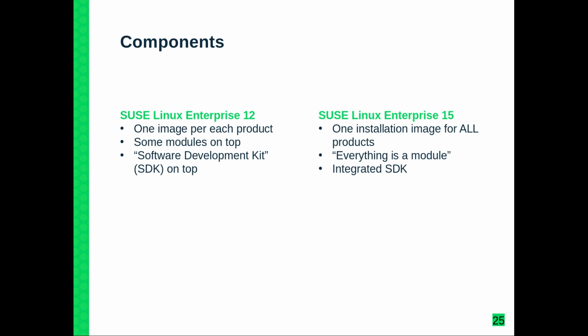Now, we do still put modules on top of it. And if you want to develop, you would purchase and register and use the software development kit in order to help you to manage the deployment and creation of applications to work on top of that. Now, with SUSE Linux Enterprise 15, however, all installations are from a single medium, everything is a module, and the SDK is now integrated into the product itself so that you have access to it should you need to.